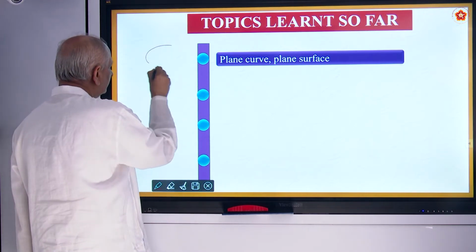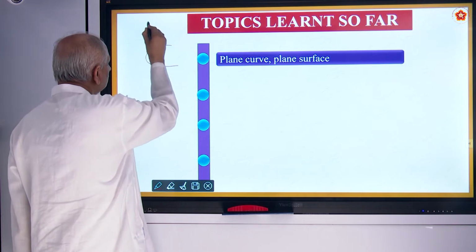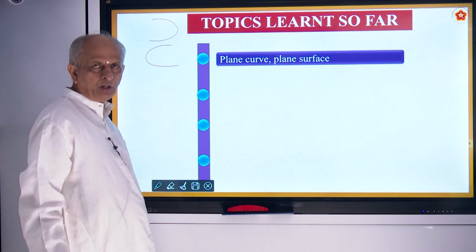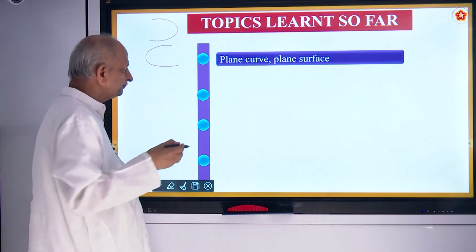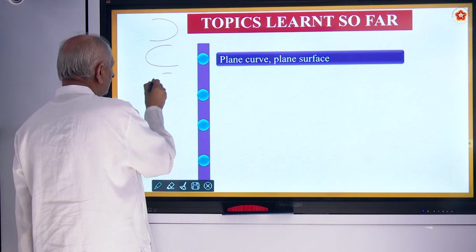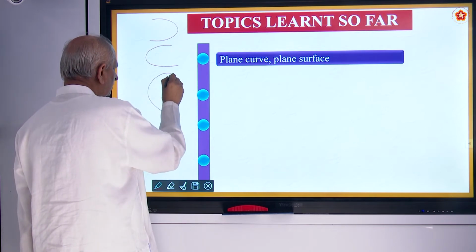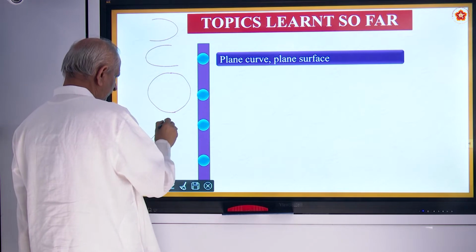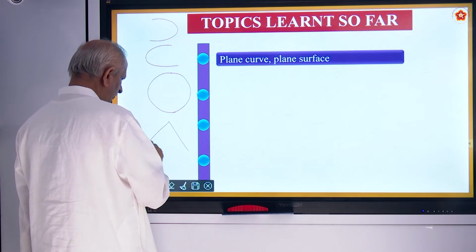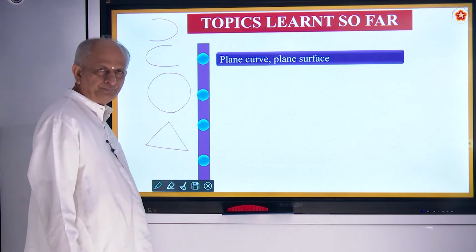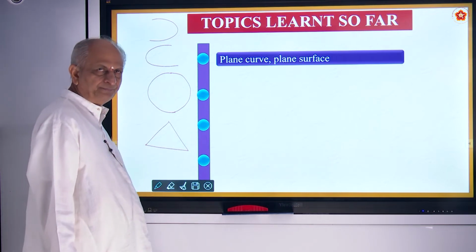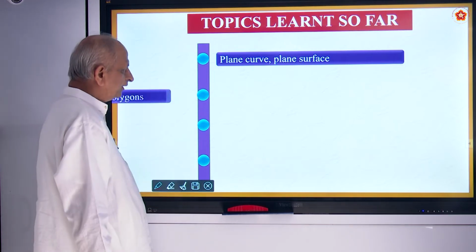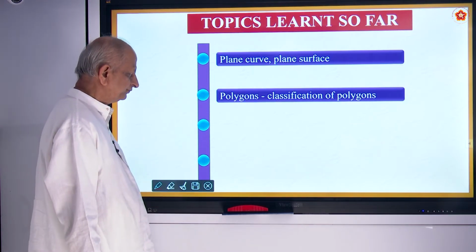See, this type of curves are called open curves, is it not? And this type of curves are called closed curves. So these are all closed, and they are in the same plane.